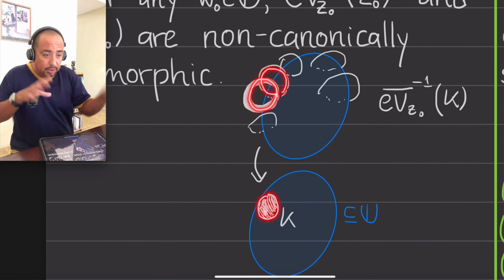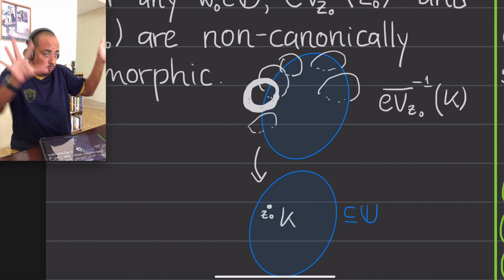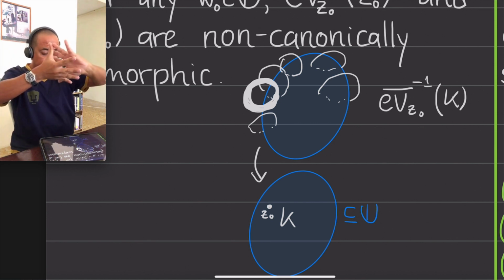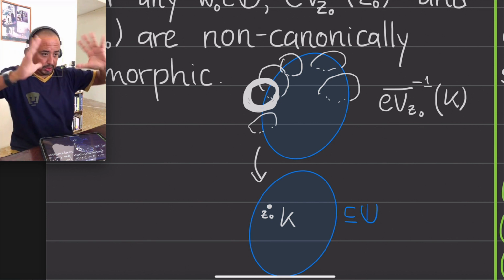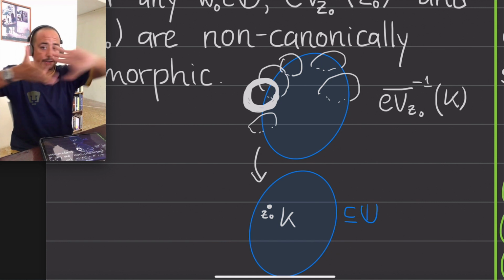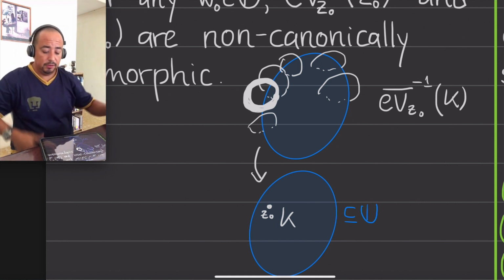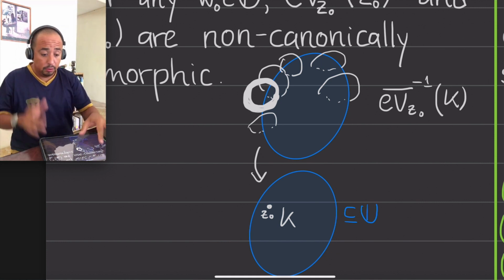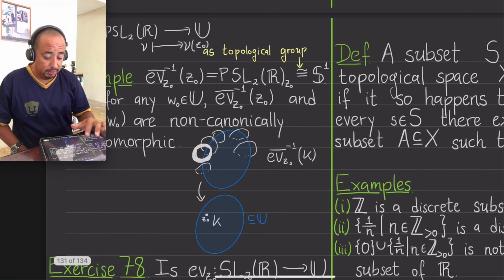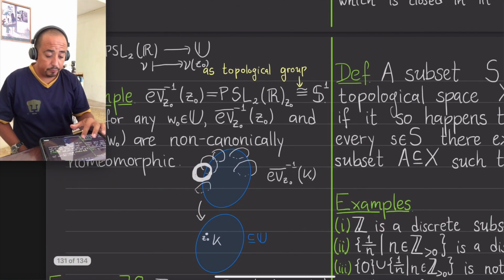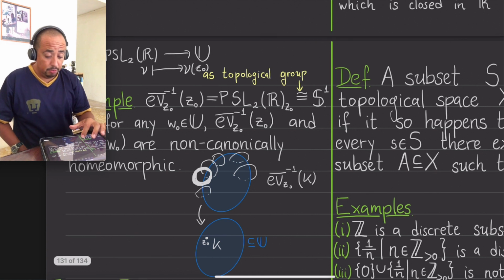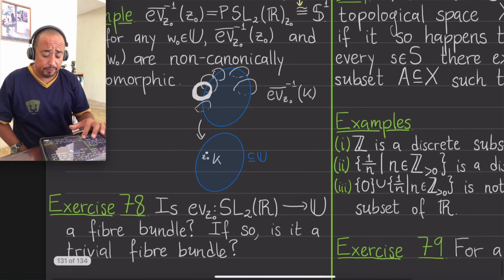Because I would be able to move all the circles in a consistent way to the circle at Z naught. Of course, everything I've said right now is only intuitive, but it would go in the direction of this exercise.